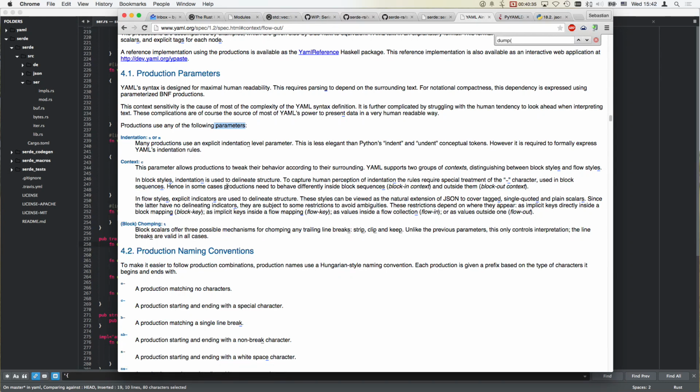Hence, in some cases, productions need to behave differently inside block sequences. Block in. Okay, so this means we are inside of a block, and outside of them, block out context. Okay, so that's a block style here that I see. That says if I need curly braces or not, if I need brackets or not.